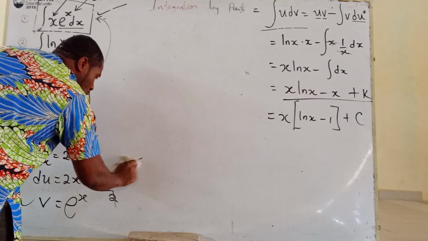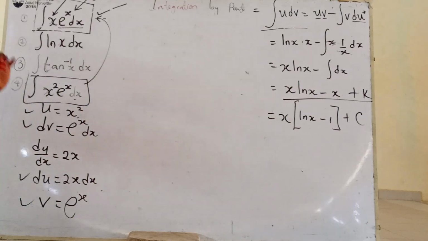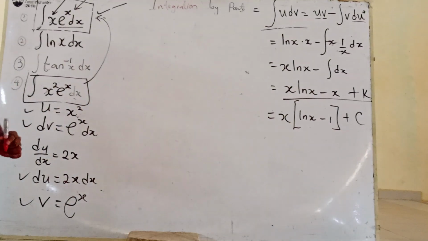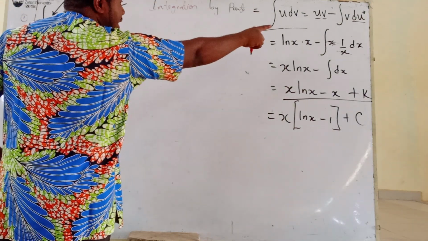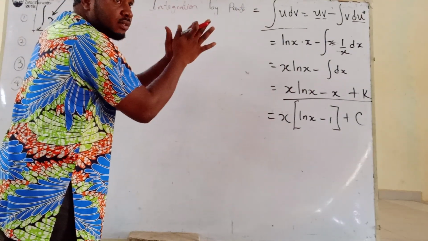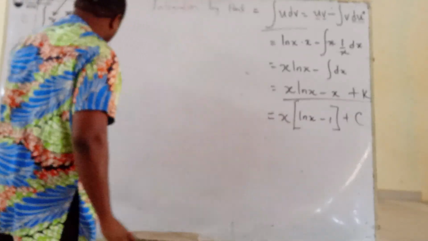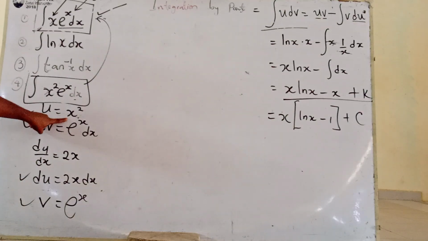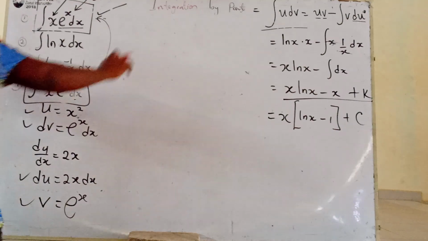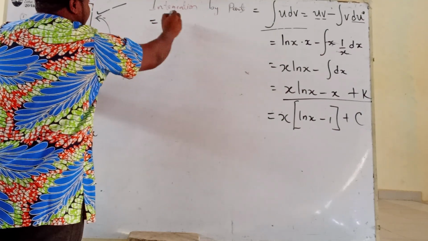Now, all I need to do is to substitute it back into the formula. What's the formula? uv, vu, commutative. You can multiply them. What do we have? Exponential x and multiply by what? X squared. So the first part of that integral is what?